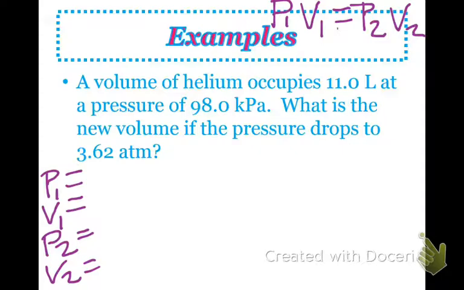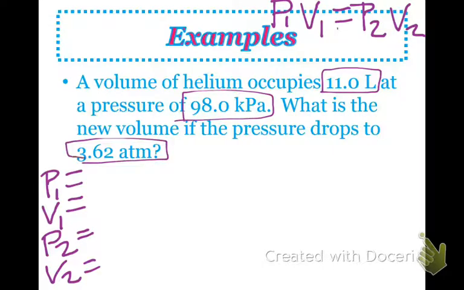Now, this one, a volume of helium occupies 11 liters with a pressure of 98 kilopascals. What is the new volume if the pressure drops to 3.62 atm? Okay, so helium occupies 11 liters. Now notice at 98. So these two are your ones.